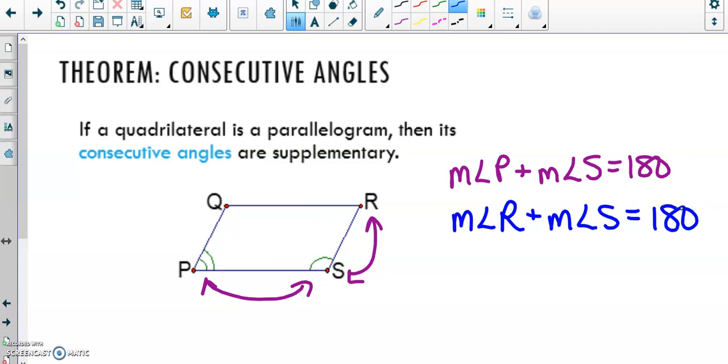The measure of angle R plus the measure of angle Q is 180, and the measure of angle Q plus the measure of angle P is 180. Any consecutive angles like these two and these two, Q and P, are supplementary in a parallelogram.